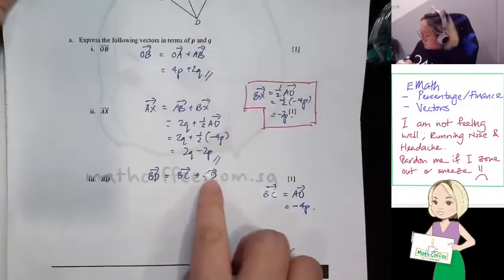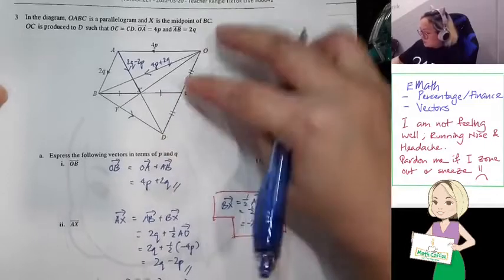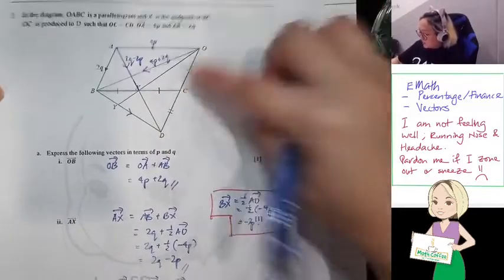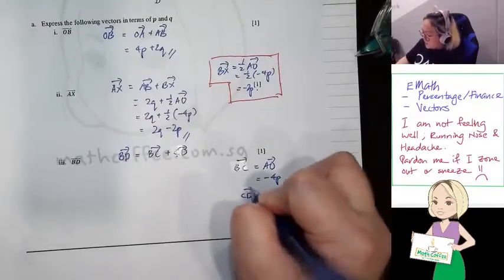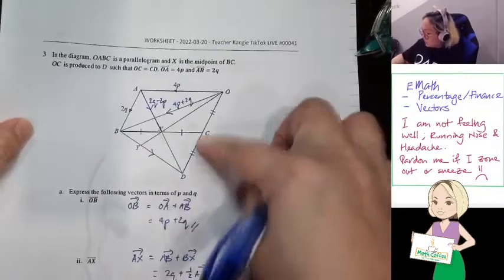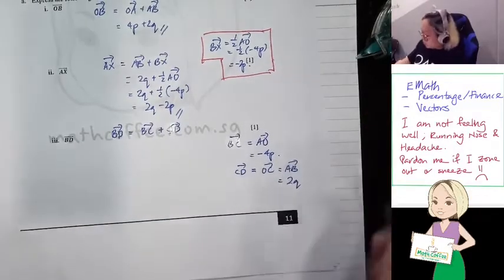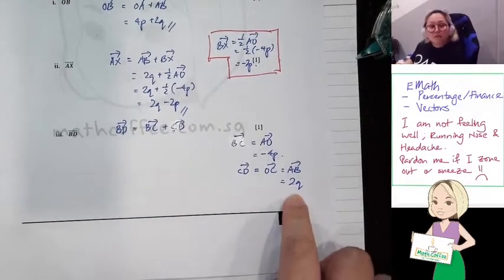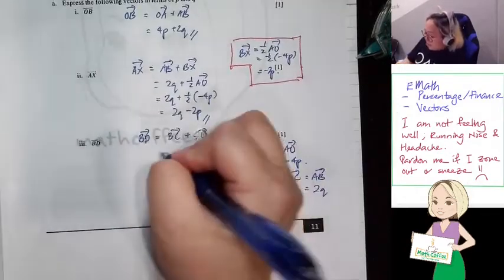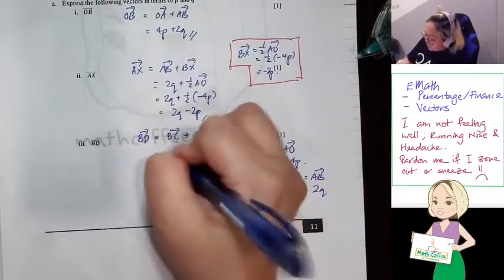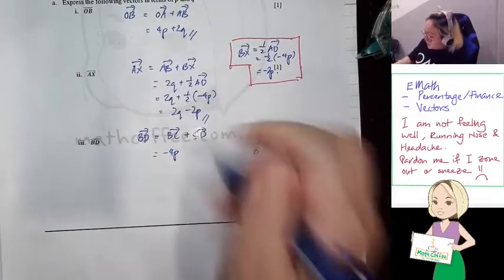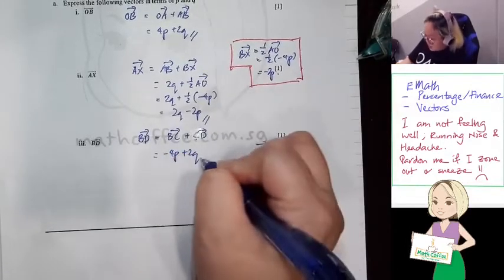CD is the same as OC, which is equal to AB. Therefore, it is equal to 2Q. So I come back to here. My BC is minus 4P, my CD is 2Q, and this will be the answer.